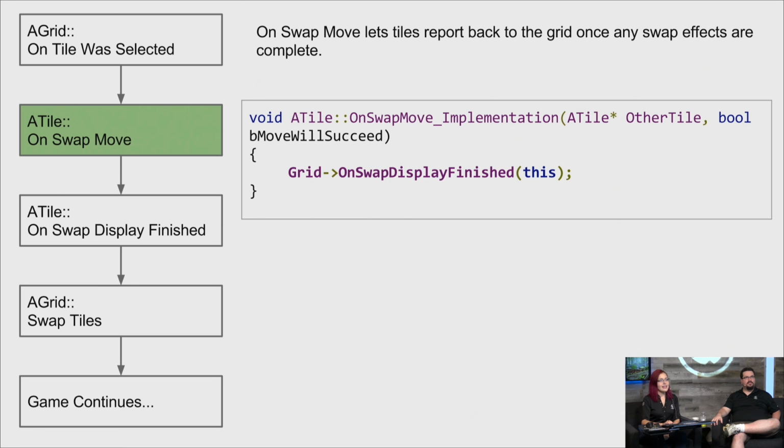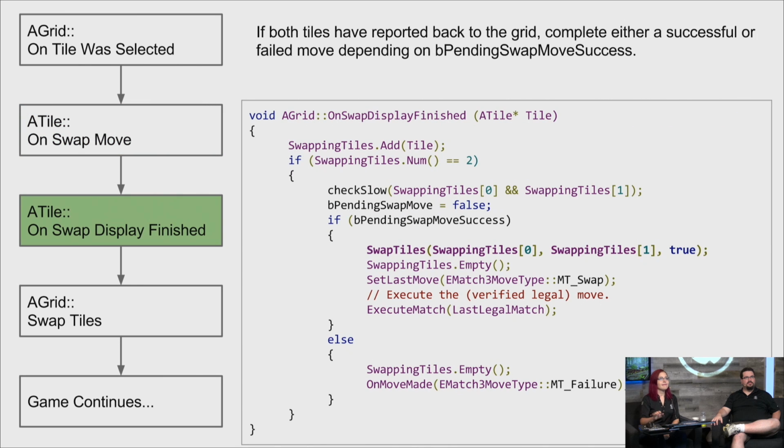So once the grid has got OnSwapDisplayFinished, both tiles will report back. So swapping tiles gets a tile added to it. If both of them have reported back, so the swapping tiles number is 2, it says the swap is no longer pending, so that's false.